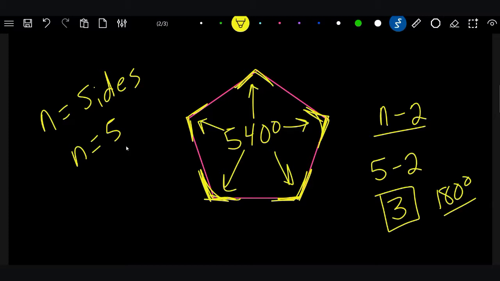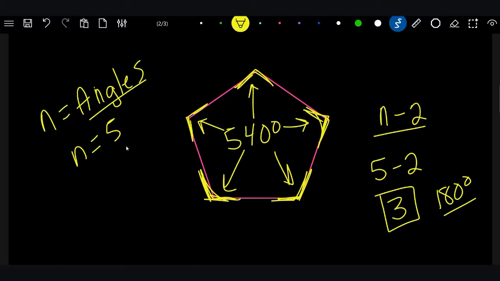So now the question is, well, how much is each one? Well, this is corollary 26.1, which is on page 105. If there are 5 sides and 5 angles, I'll change this to n equals angles. It'll be a little easier for what we're doing right now.